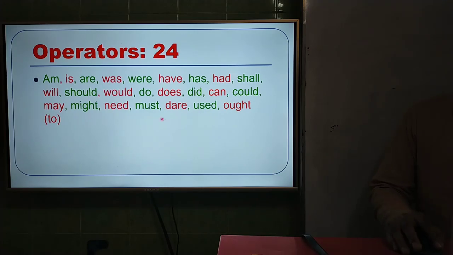These 24 auxiliary verbs are called operators in tag question. We shall use these operators to make tag questions. That's why you have to remember these operators.